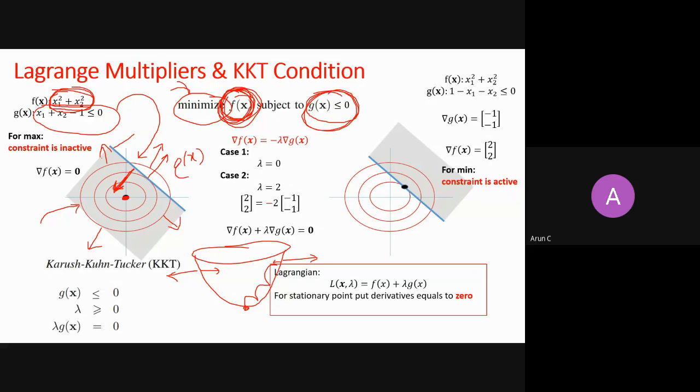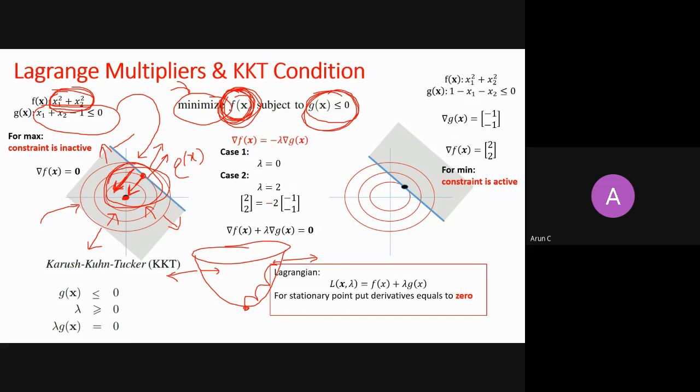So wherever you're standing, you want to walk against that gradient, right? If you are standing somewhere here, then the direction where you want to minimize the function is this direction. Here you can see that the direction of the feasible region and the direction where you want to minimize are the same, right?